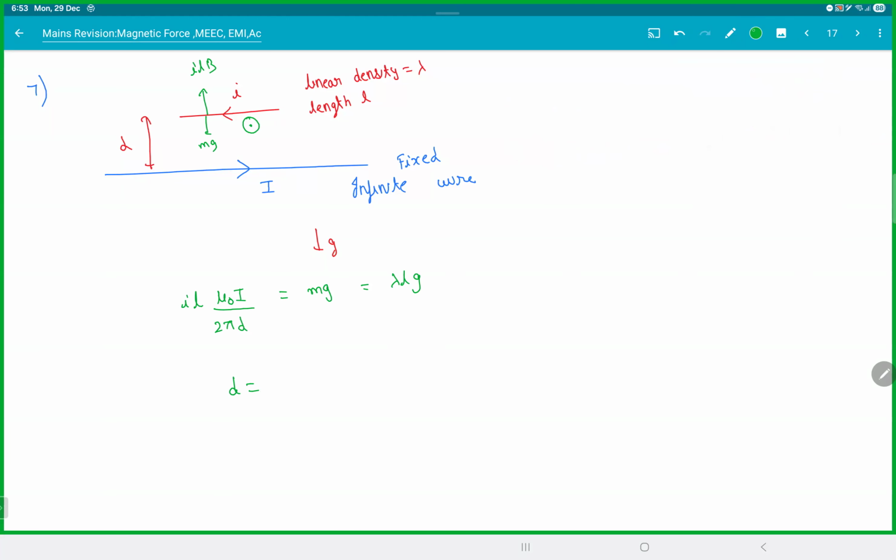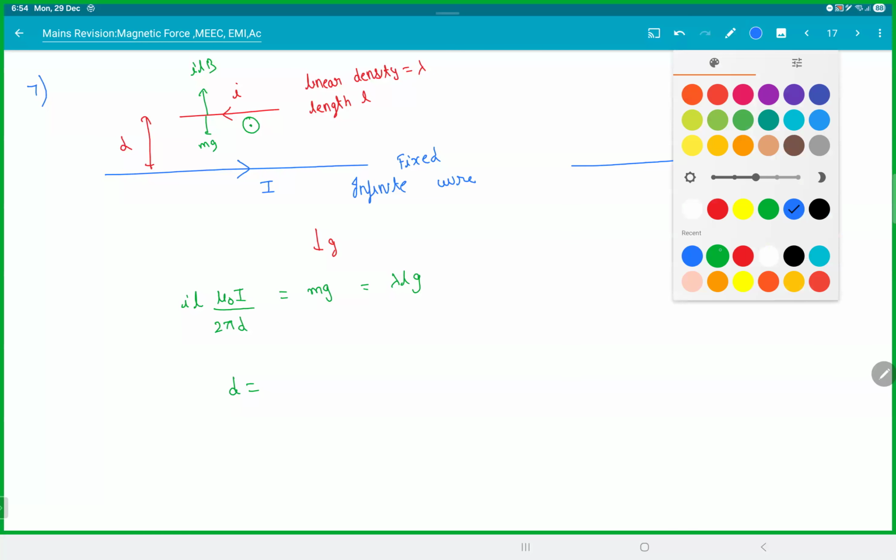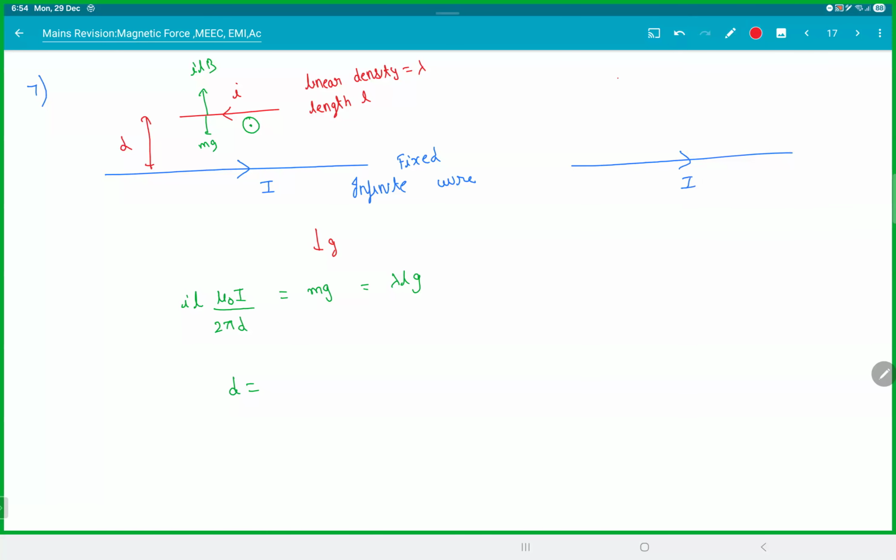Now for the second part, you displace it by small x. Now let the distance become d plus x. Now the net force acting on this will be mu naught I small I by 2 pi (d plus x) minus mg is equal to ma. Take d common.